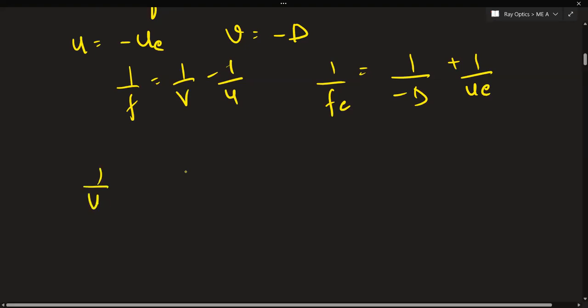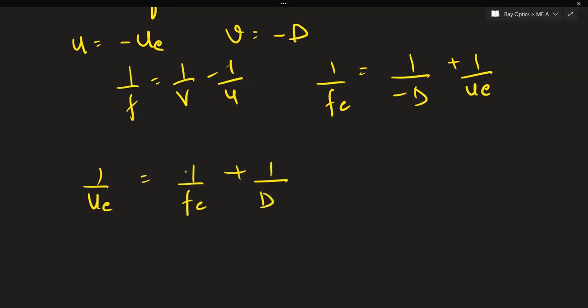If we have to write just 1 by UE, that will be 1 by FE plus 1 by D. Everything will become positive.